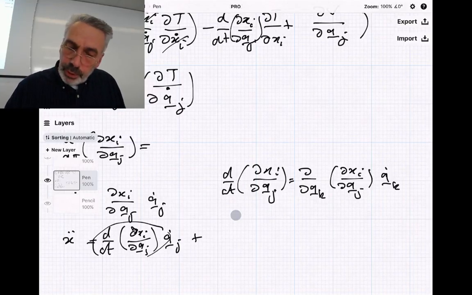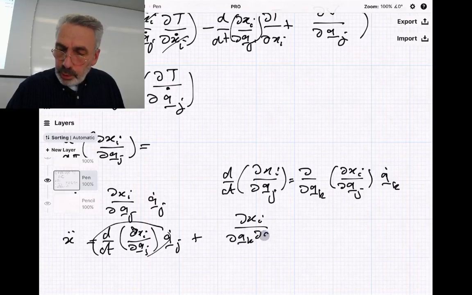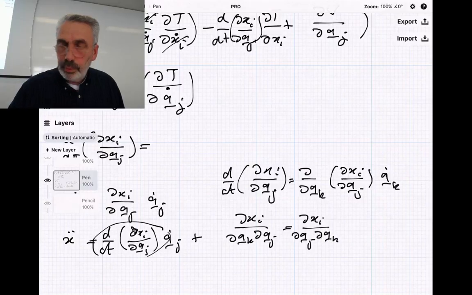But note that this d²xi/dqk dqj is a symmetric thing. The order of differentiation doesn't really matter. They're identical.